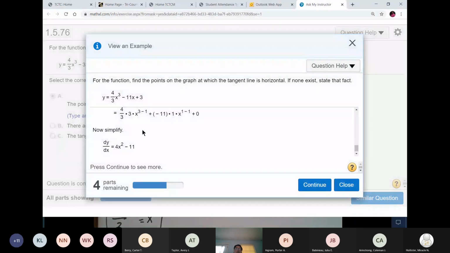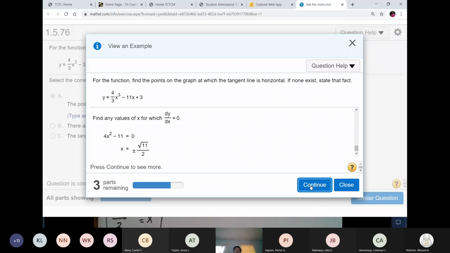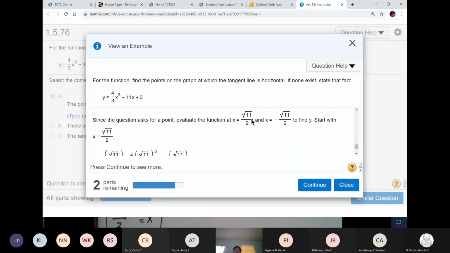Well, they're not going to get it. There it is, 4x squared minus 11. Then they set it equal to 0. That's what I did. And you get that number right there. There's the positive and the negative, just like I said.